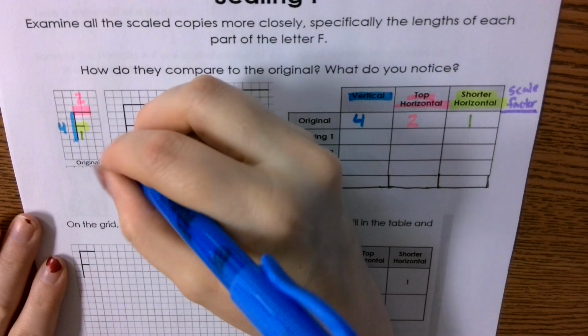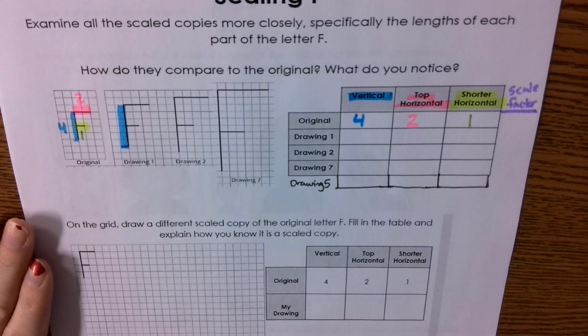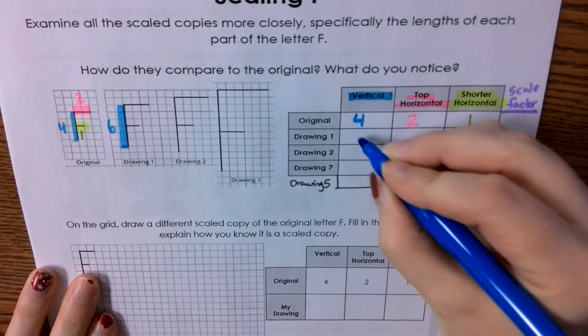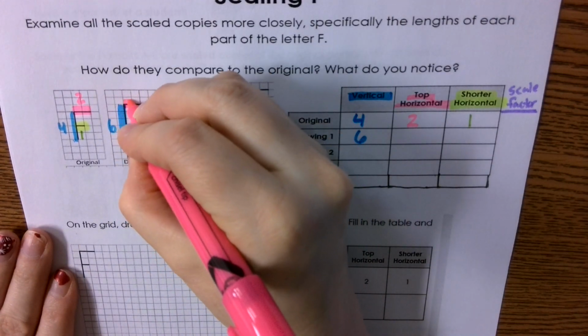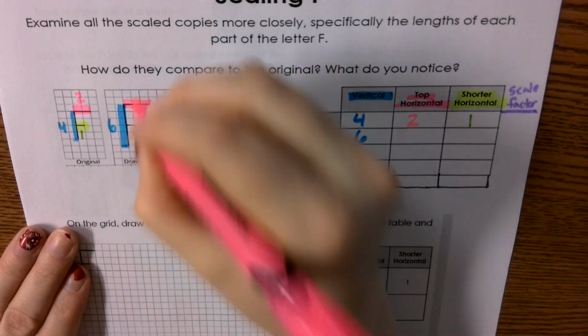So when we're doing our vertical line for drawing 1, how many boxes tall is that vertical line going to be? 6, right? What about the top horizontal line? How many boxes long is that? 3.